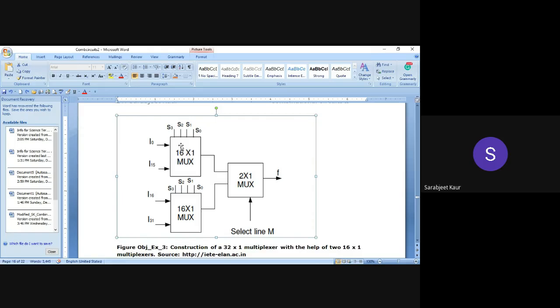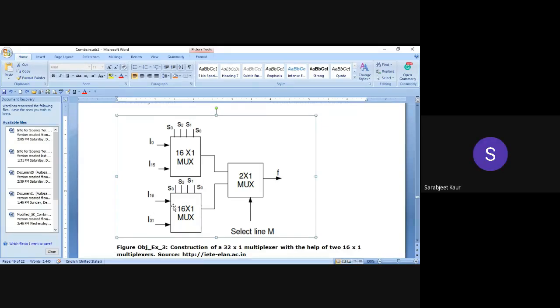And how many selection lines? 4. And how many output lines? 1. Is that what you see on screen? Yes, ma'am.